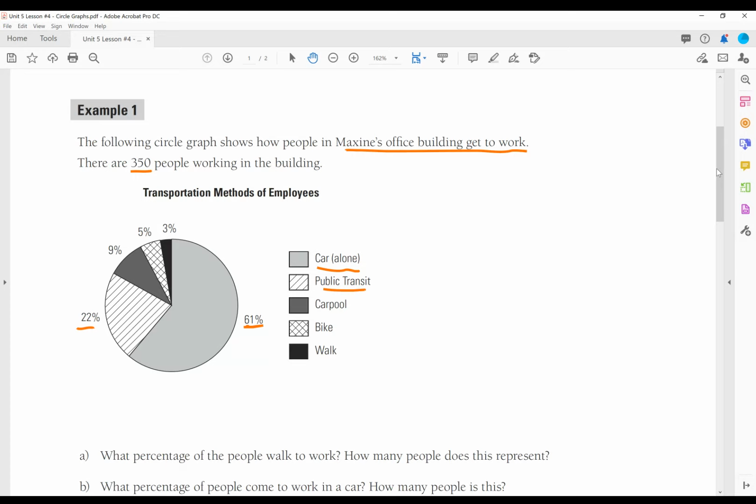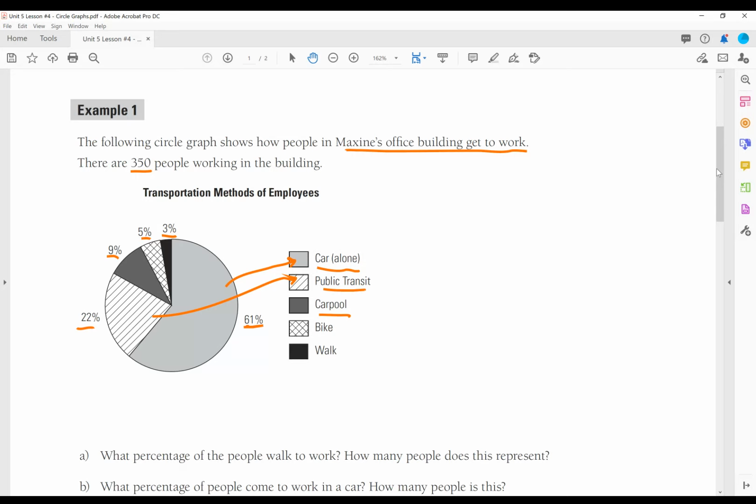And you can see the legend here relates to each section. Okay, so a legend is super important. 9% of the people carpool, which means they drive, but they take more than one person with them. So they've got a group of people in the car. 5% bike, and 3% walk to work.